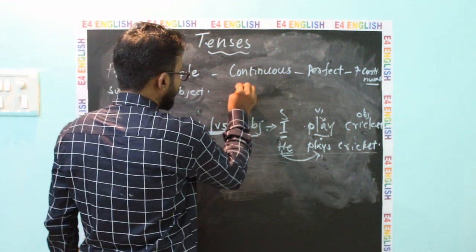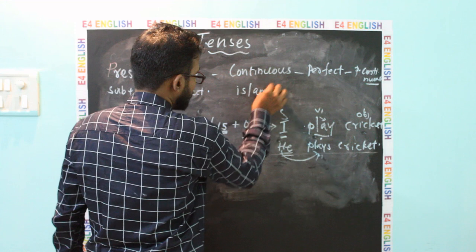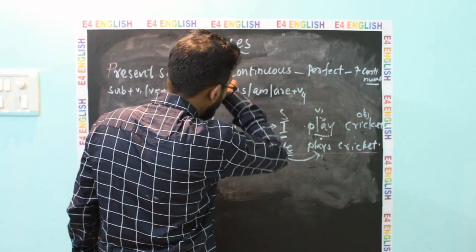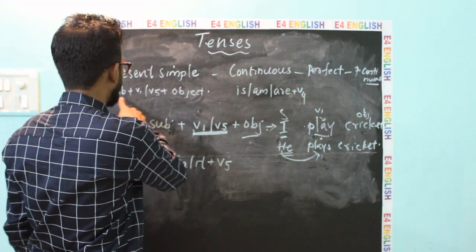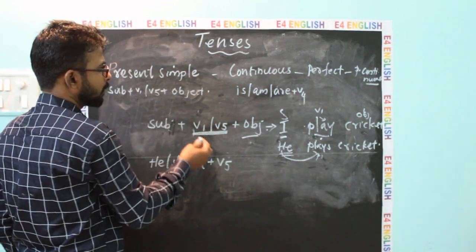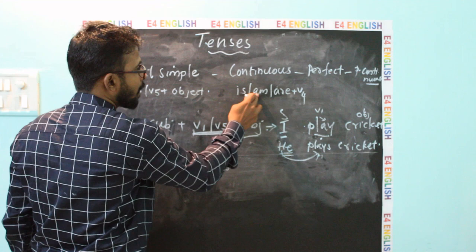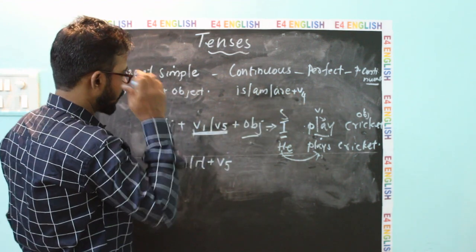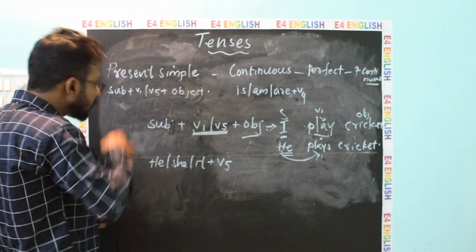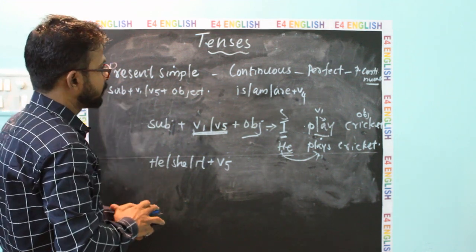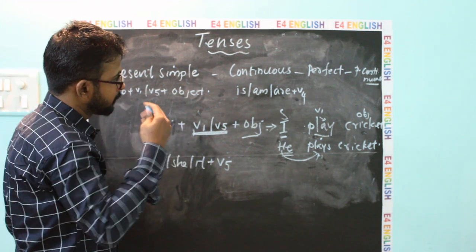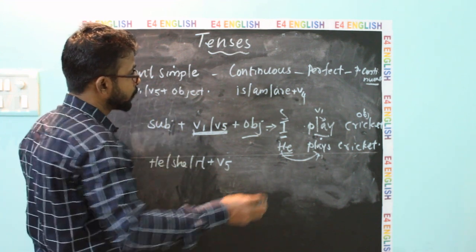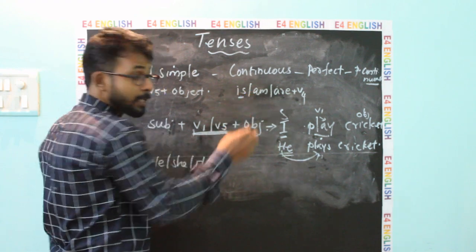Continuous is subject plus is or am or are plus V4. V4 means the ing form, the gerund form. Okay, so here again the usage: how you are supposed to use is with the third person singular.